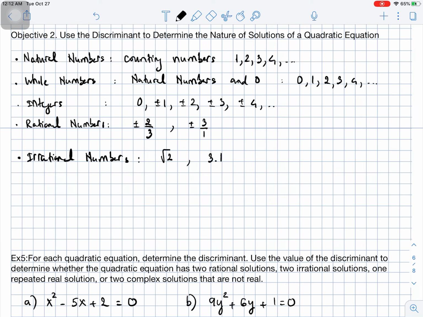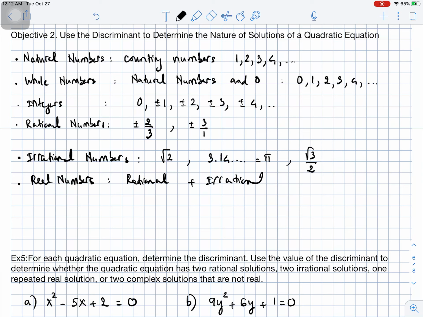And irrational numbers are numbers that you cannot write as a fraction, like the square root of 2. When you calculate the square root of 2, it goes on and on, 1.4 and so on.